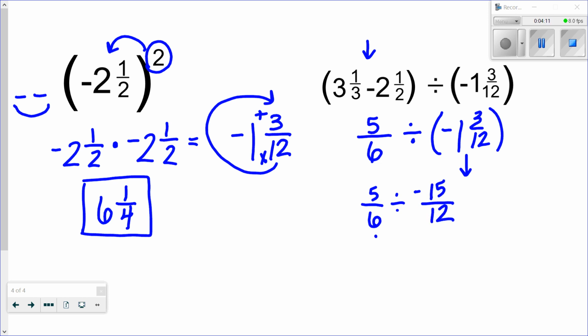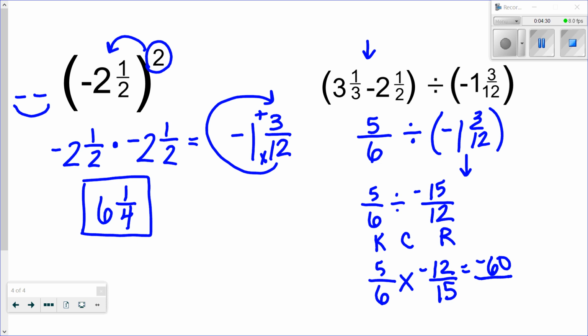I'm going to use the rule, keep, change, reciprocal. 5/6 times -12 over 15. And at this point, you can punch this into your calculator. If I multiply across, I have -60 over 90. I always want to make sure my answer is in simplest form, and this reduces to -2/3. And that's my final answer.